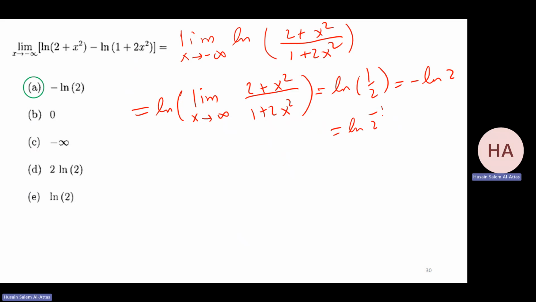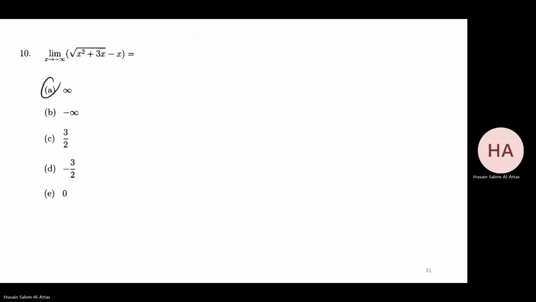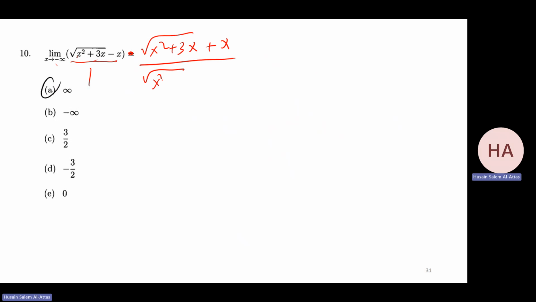Since this is ln 2 to the power minus 1, we can write it minus ln 2. So this is minus ln 2. This one, substitute, you get infinity minus infinity. There is a problem. Manipulate it. Do the calculation. We did something similar. Yeah. Answer is infinity.